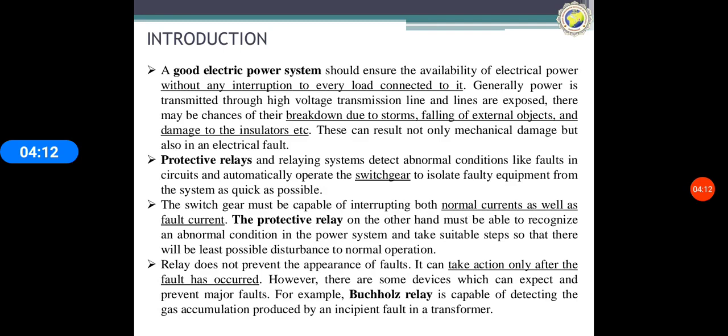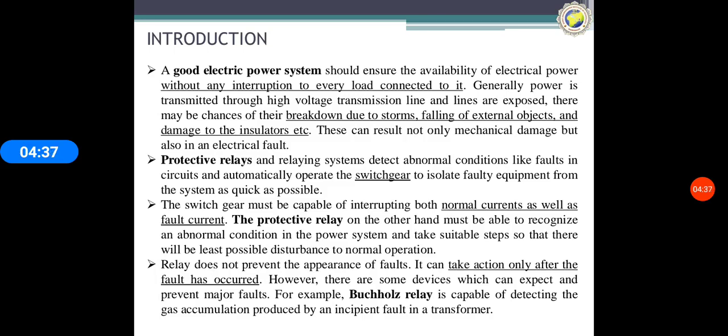The protective relay, on the other hand, must be able to recognize the abnormal conditions in the power system and take a suitable step so there will be the least possible disturbance to the normal operation.